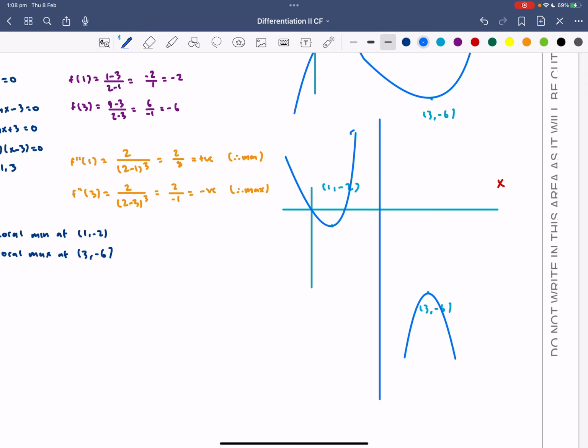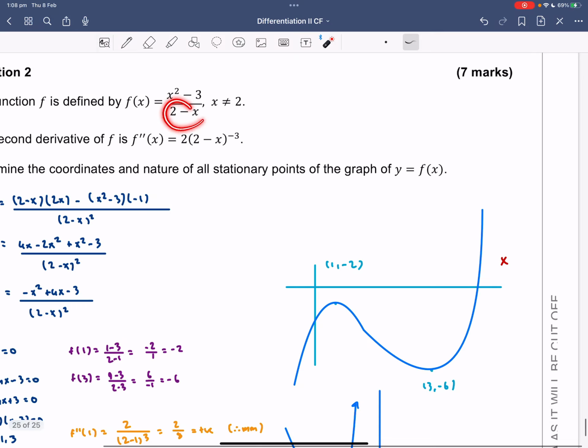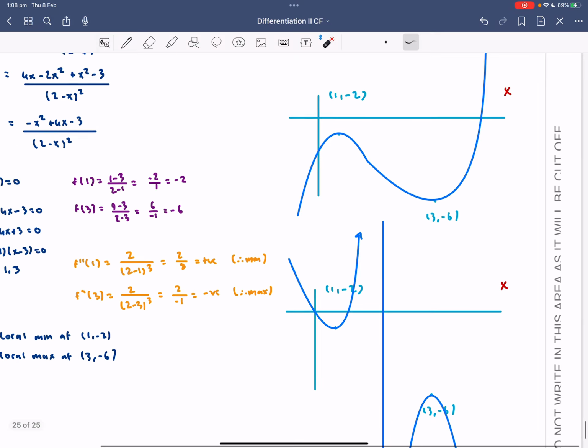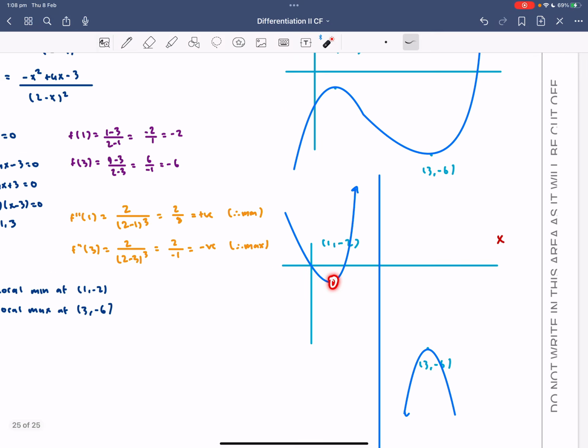So the graph's basically approaching the asymptote here and asymptote here, and therefore it is possible. And in fact, that's exactly what happened. Because you have a 2 take x in the denominator, there is an asymptote at x equals 2, and that's why the minimum has actually got a higher value than the maximum.